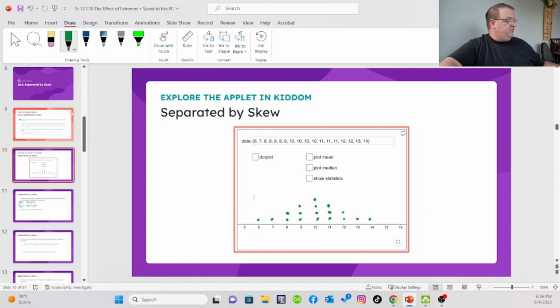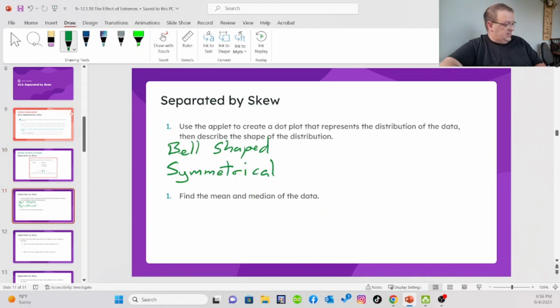So our middle value is going to be the middle of this stack of 4 on 10. So that means our median is going to be right here. Half of my dots are to the left, half of my dots are to the right. My median divides it in half. So my median is 10.